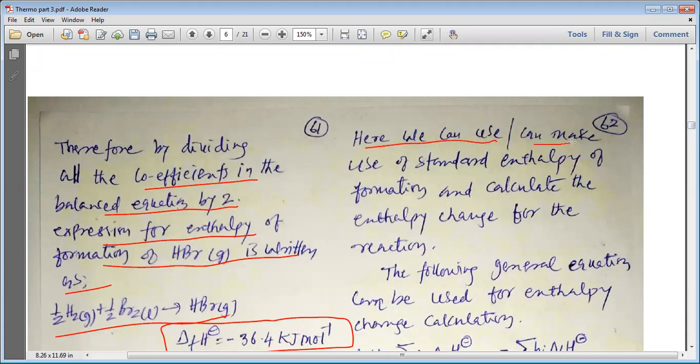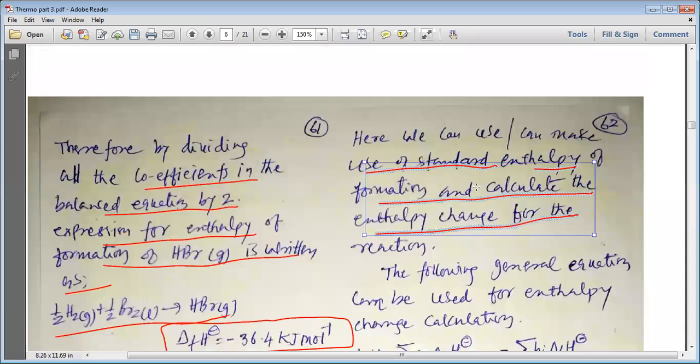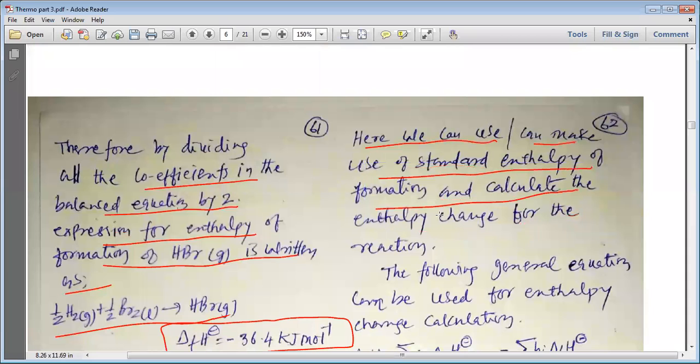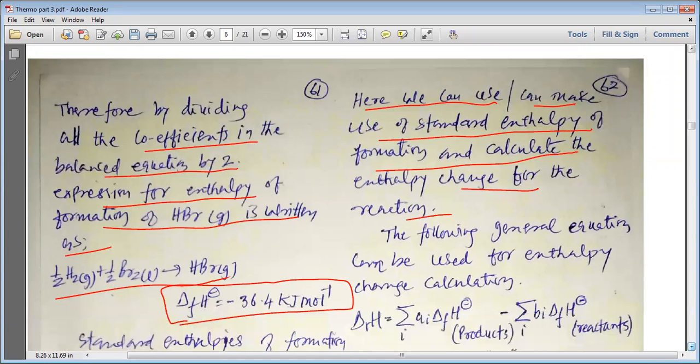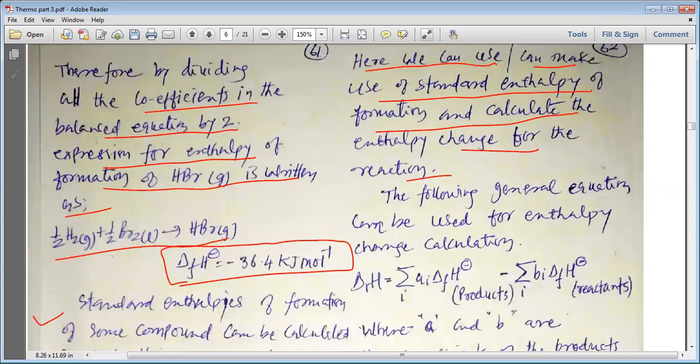So here we can make use of the standard enthalpy of formation, and we can calculate the enthalpy change for the reaction. If we calculate the enthalpy change for the decomposition of calcium carbonate, we should get the information about the enthalpy of formation of calcium carbonate. The following general equation can be used for the enthalpy change.